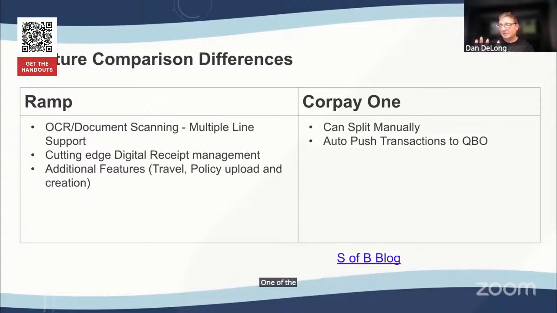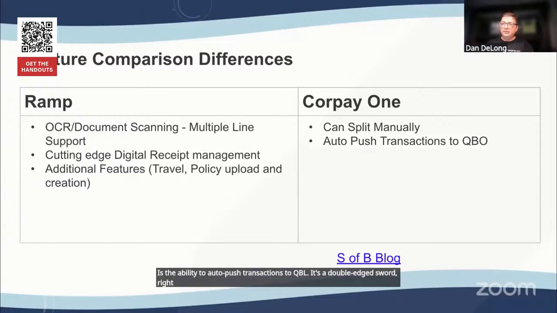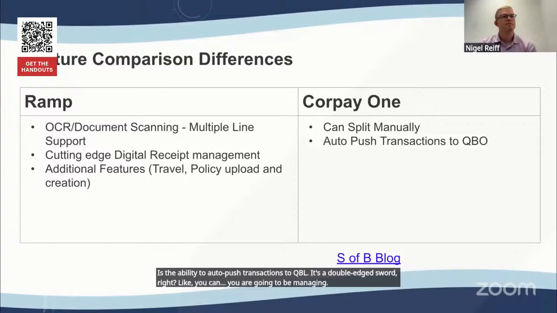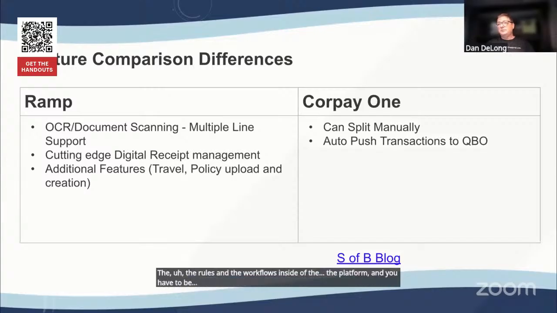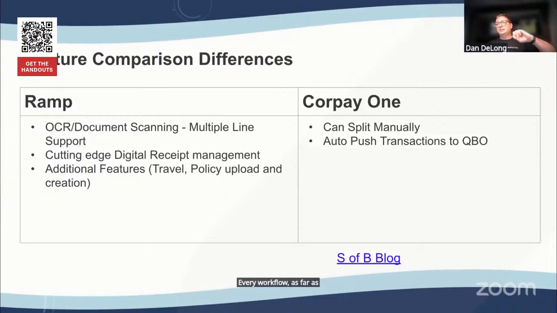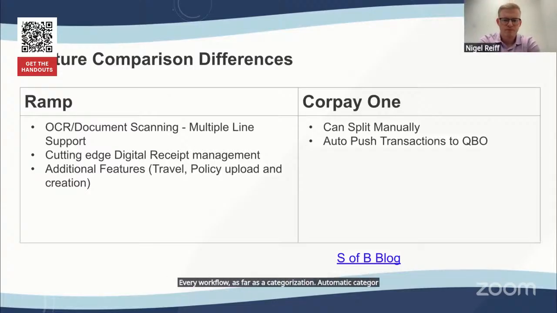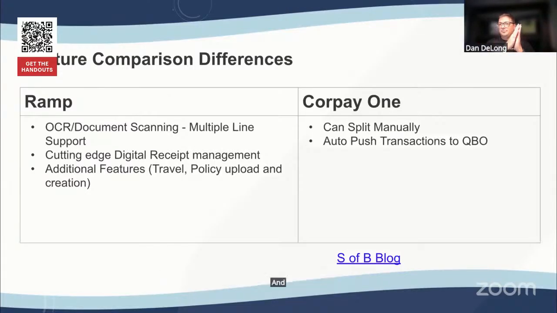One of the things that gives the nod to Corpay is the ability to auto push transactions to QBO. It's a double-edged sword, right? You are going to be managing the rules and the workflows inside of the platform, and you have to be specific to every workflow as far as automatic categorization of transactions, and it will push those transactions into QuickBooks without your interaction.